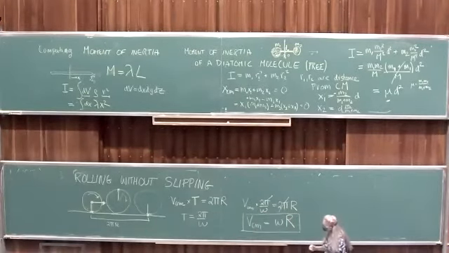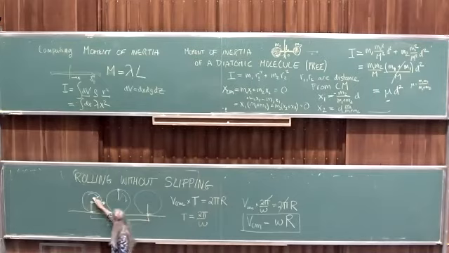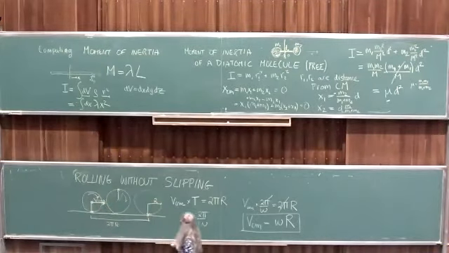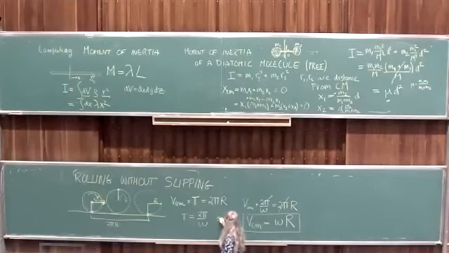So let's be a little bit more specific about what all these things are. V, that's the center of mass velocity. That's this thing, V center of mass. This is the radius. T is the time it took the center of mass to go 2 pi r, but it's also the spin period.